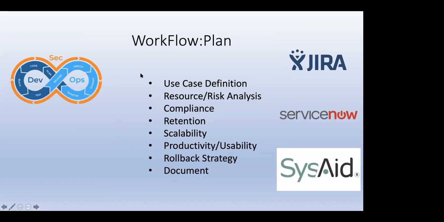Any life cycle within the DevSecOps framework. So in here you have your use case definition. Let's say we wanted to build something that monitors for any zero-day attacks, like let's say the print spooler.